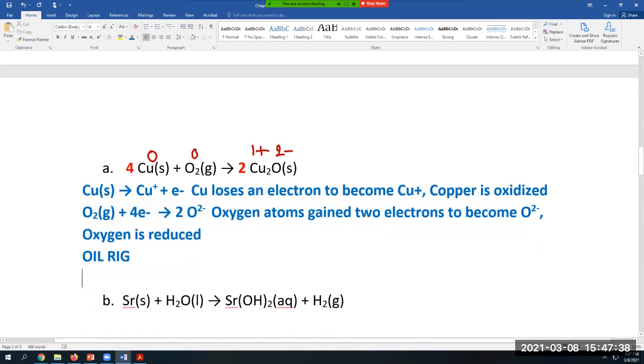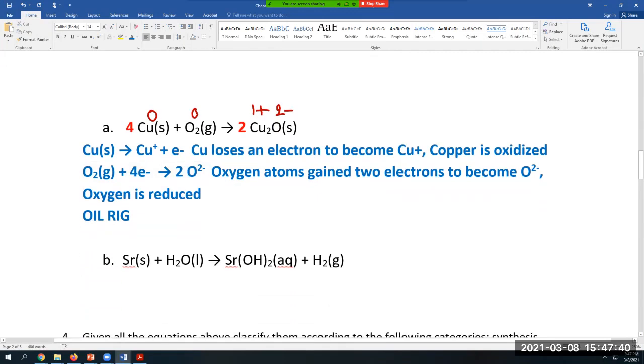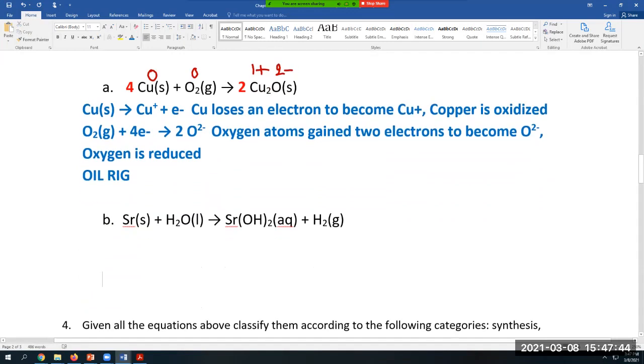Okay, so we can do the second example now. And that's with strontium plus water gives strontium hydroxide plus H2, the hydrogen gas. So you see how H2 here is in its elemental state, right? You remember I told you this is part of the 7 diatomic elements. And H2 here is in its elemental state.